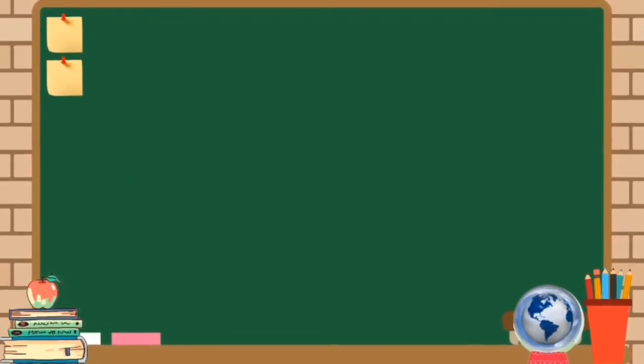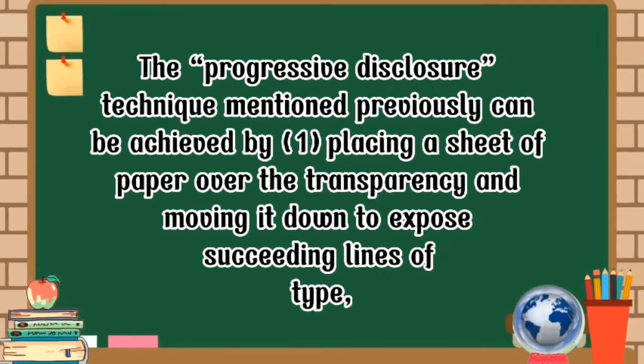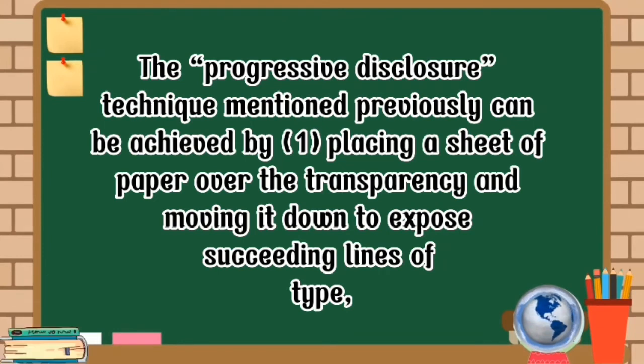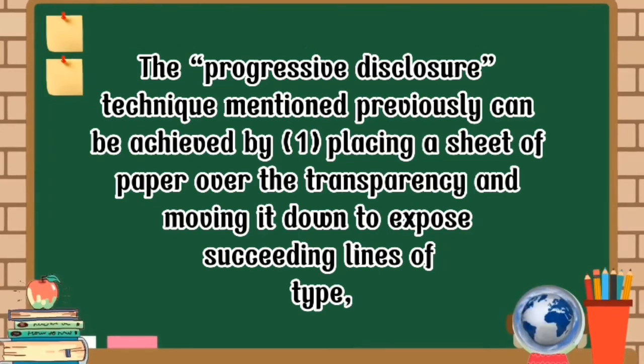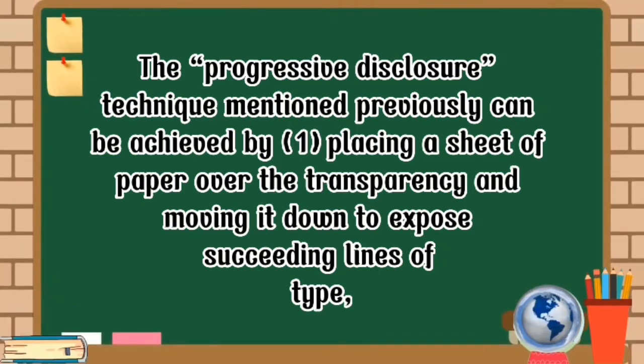Ang pamamaraan ng progresibong pagsisiwalat na binanggit dati ay maaaring makamit sa pamamagitan ng paglalagay ng isang sheet ng papel sa ibabaw ng transparency at paglipat nito pababa upang ilantad ang mga susunod na linya ng teksto.